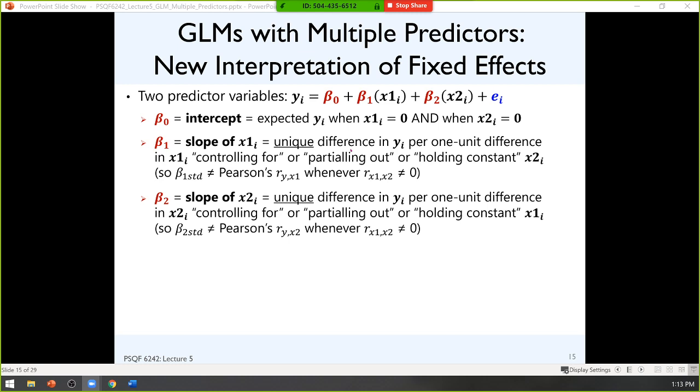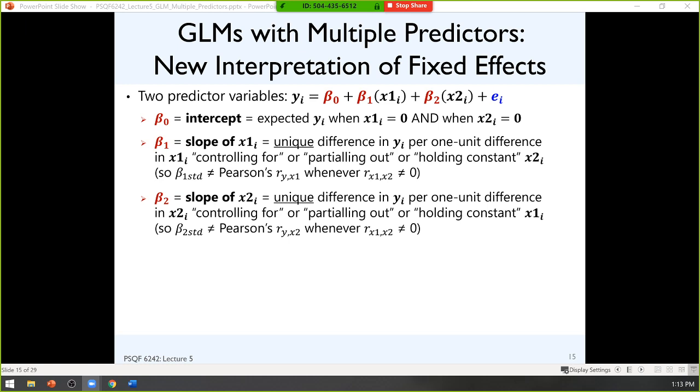Then if you put in a dummy code for whether they were 10 or 11 and a dummy code for which task they did, those predictors would be unrelated because of the way you set up the design. So really, only in those circumstances would the predictors not be related. In the real world, they're almost always related, which means that their effects are going to be different when they're in the model all by themselves versus when they're with other predictors.